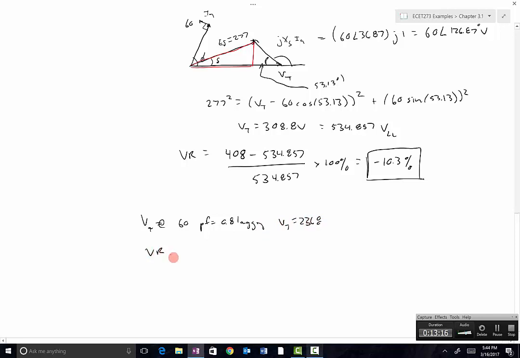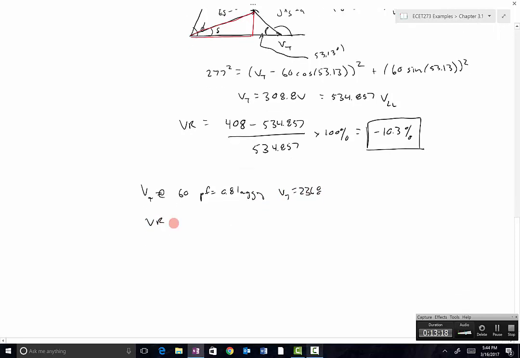So the voltage regulation under a lagging load was going to be 277, right, the no load voltage, minus 236.8 divided by 236.8 times 100%. That's going to be about 17% voltage regulation. The reason I wanted to do that is this is the most common operating condition for a generator. It's supplying maximum current to a lagging power factor.